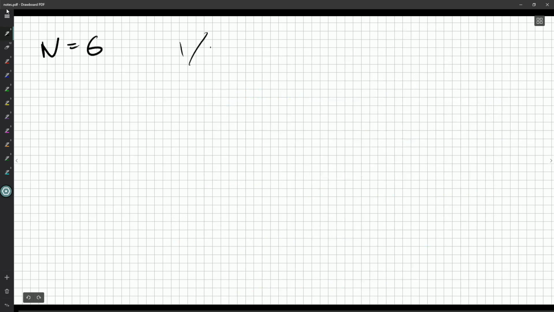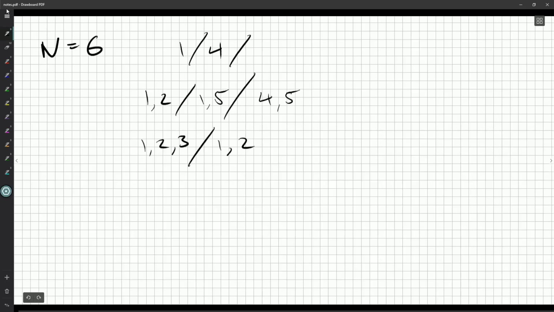1 or 4. That's the only way to start with length 2 or length 1. So you could have 1, 2, 1, 5. You could have 4, 5. That's it. Length 3 sequences. You could have 1, 2, 3. 1, 2, 6. 1, 5, 6. 4, 5, 6.